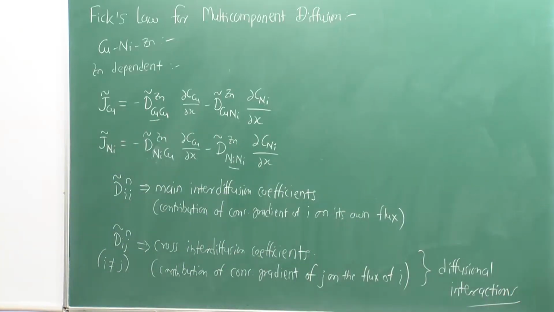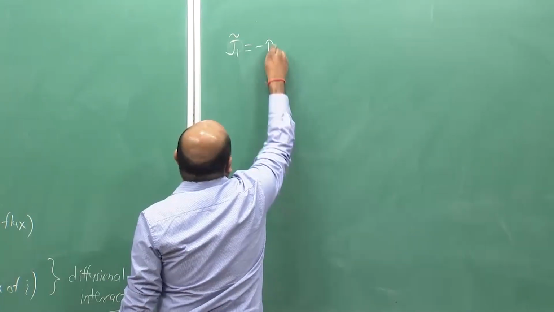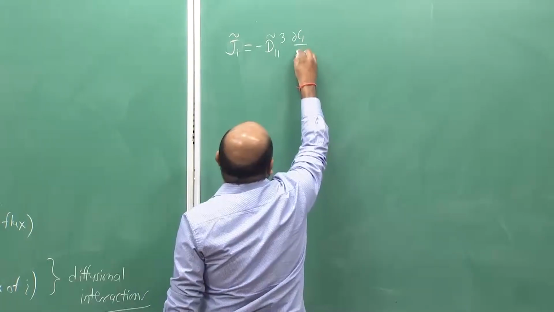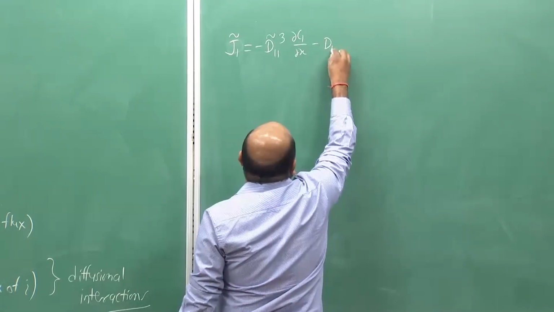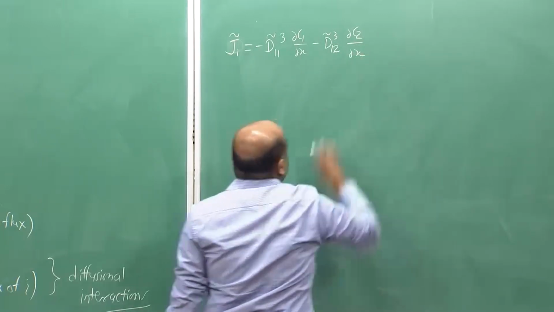So, now when we write the cross terms and the main terms, for example, in a ternary system, if I write J_1~ equal to minus D_11~^3 ∂C_1/∂x minus D_12~^3 ∂C_2/∂x.